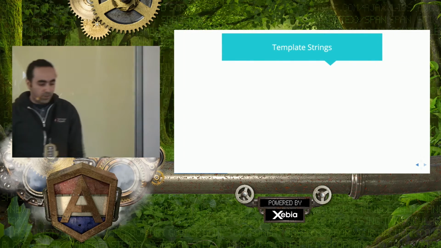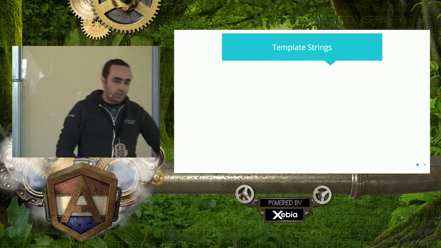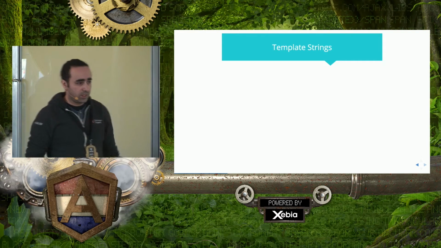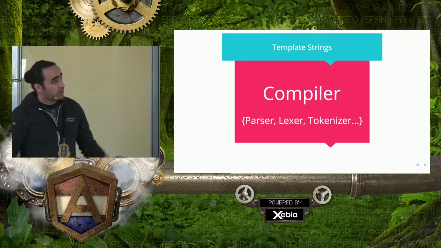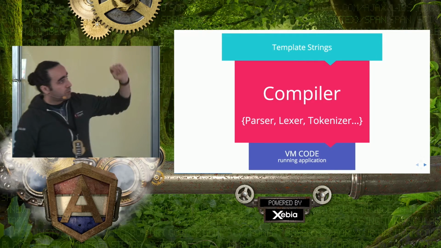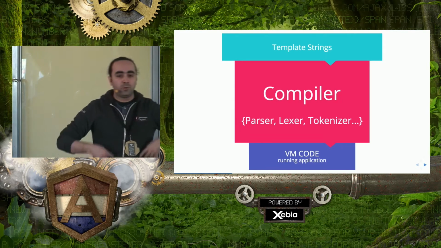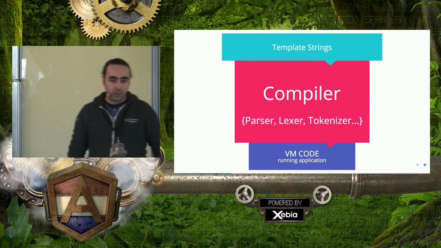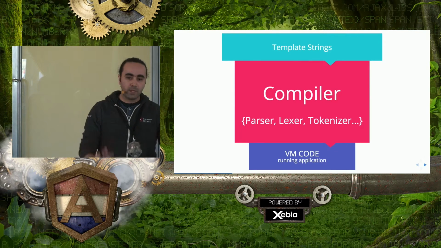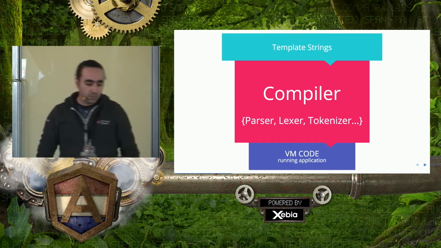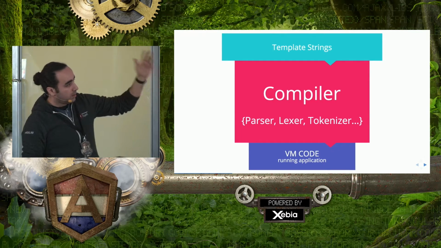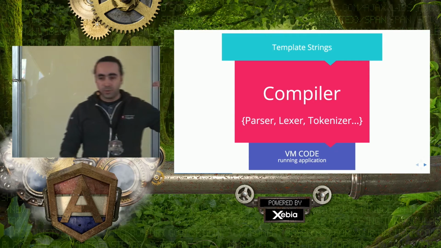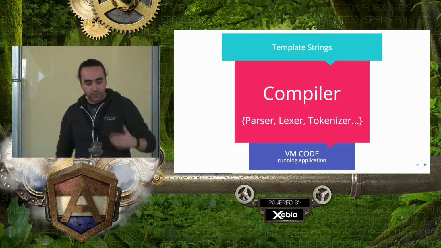Obviously, when you write your templates, it's HTML most of the time, unless you are doing JSX or something similar. Everything between your template source code and your running application is transformed and compiled by the Angular compiler, which holds many internal logic like parsers, which transform your HTML into tokens, and lexers and all this stuff.